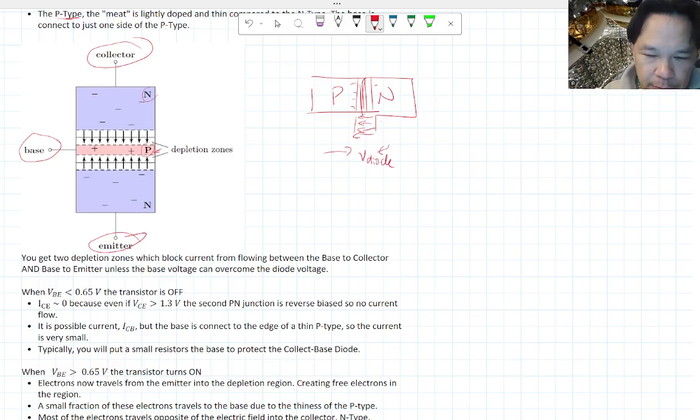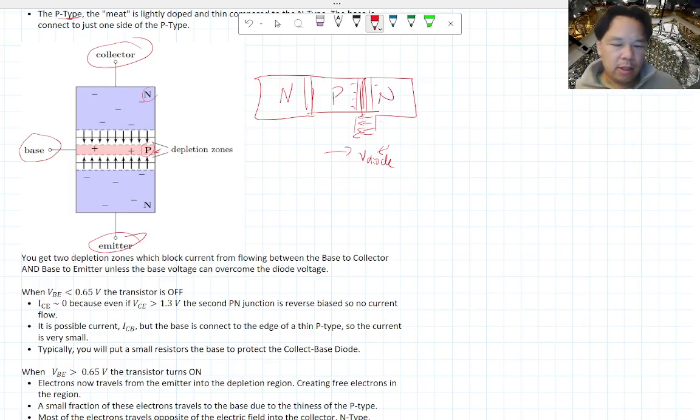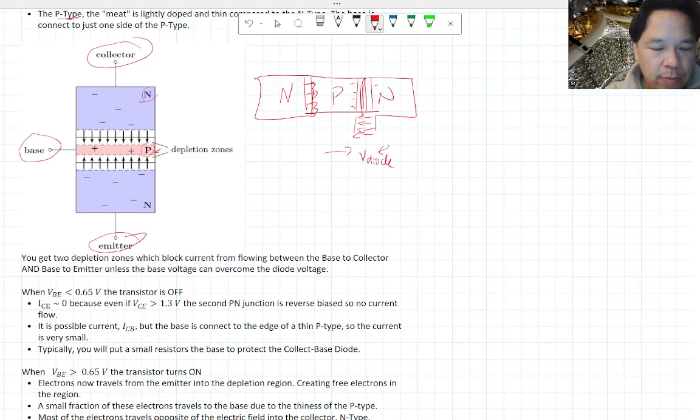Similarly, since we're doing an NPN, I want to add another layer over here. On the other side of the p-type semiconductor, you can put an n-type, and that's what's happening here in this transistor. So the electric fields both point towards the p-type semiconductor. They both point inward.